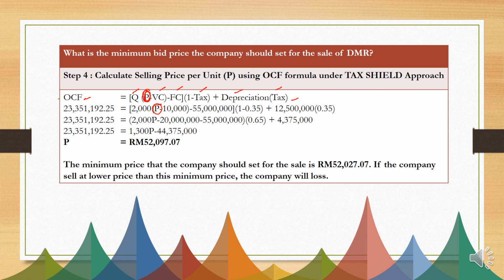Then you solve the equation to get the amount of P, and at the end you will get the answer of P equals 52,097 ringgit and 7 cents.